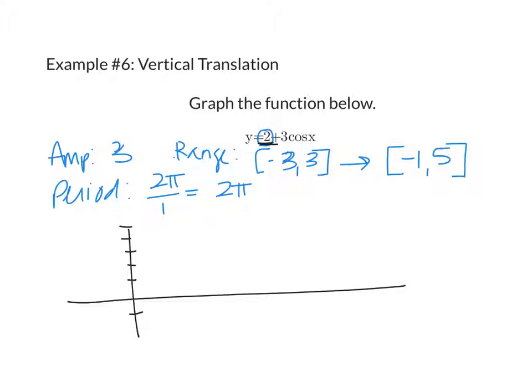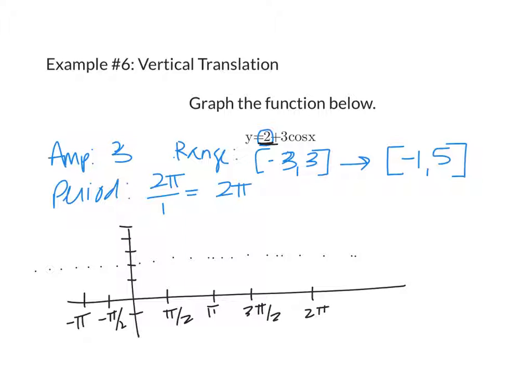I'm just going to draw an imaginary line to help me as I graph. Since 2 pi is my period, I can make this a normal graph. I can make this -pi, then -pi over 2, then pi over 2, pi, 3 pi over 2, and 2 pi.